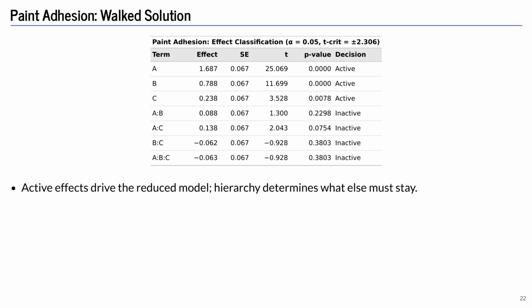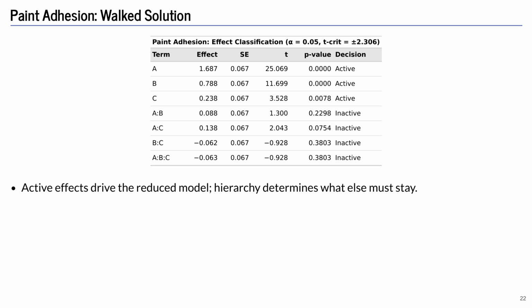Active. Now the interactions. AB, effect of 0.088, t-statistic of 1.3, p-value of 0.230. Inactive. AC, effect of 0.138, t-statistic of 2.04, p-value of 0.0754. Inactive, just above the threshold.